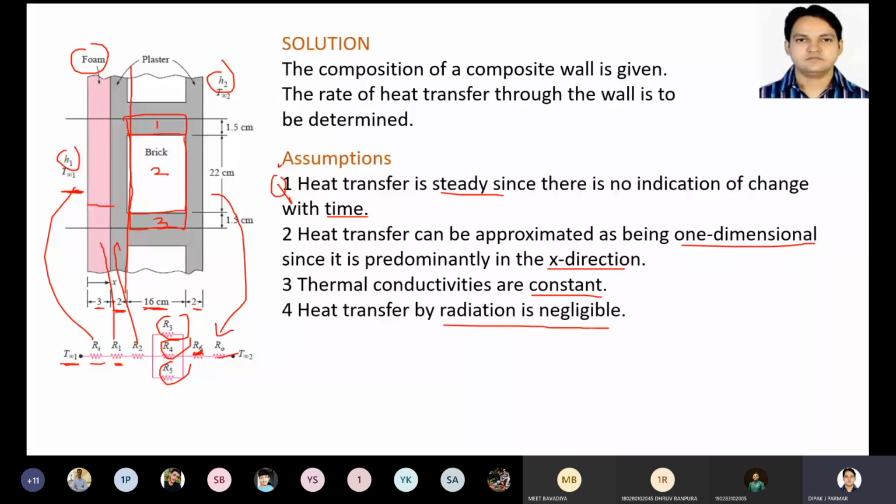So what we will consider is heat transfer by conduction and heat transfer by convection. This is the convection heat transfer resistance on the left side, the convection heat transfer resistance on the right side, and the remaining R1 to R6 are conduction resistances.